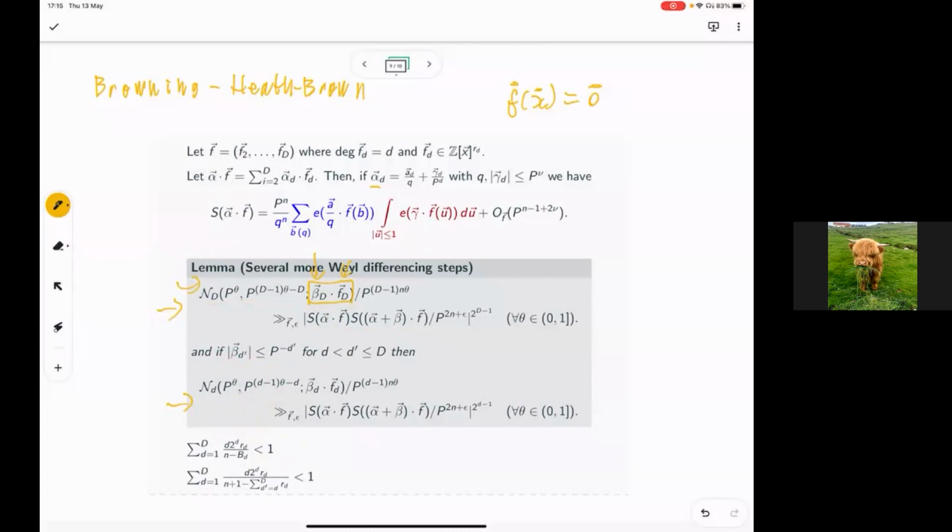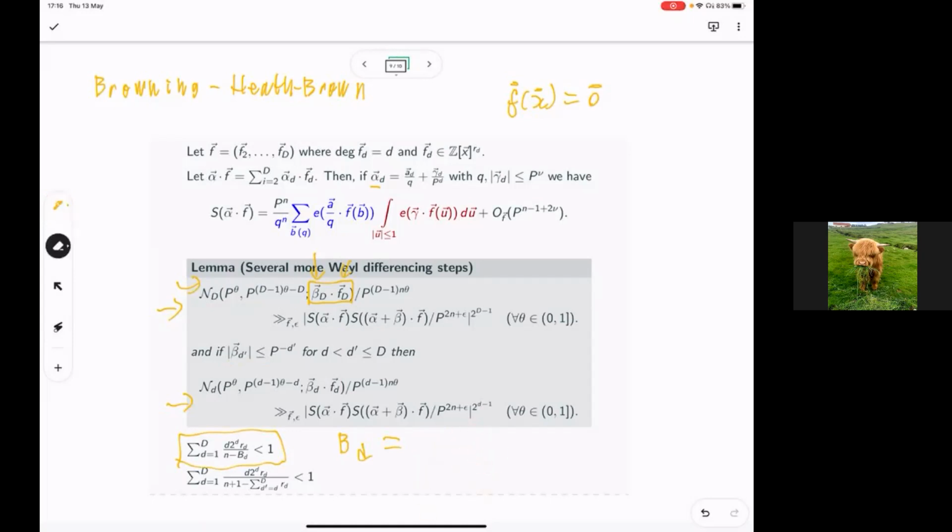So the final condition that one has in order to get an asymptotic in this setting is this thing here. So this is the analog of little c being less than 1. BD here is the dimension of the variety.